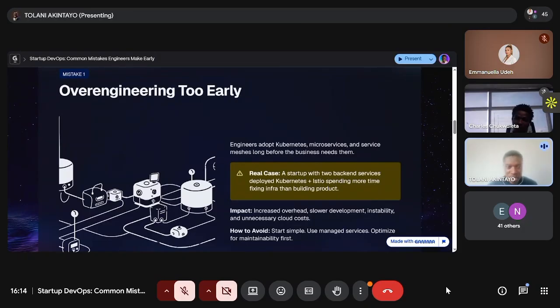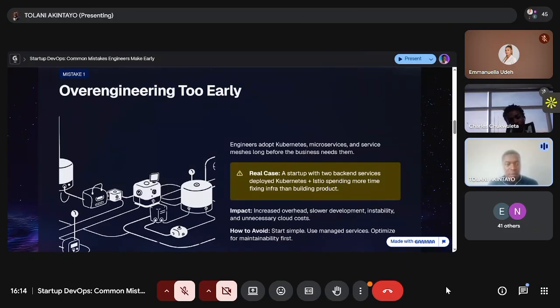They are important, but you must be able to understand where exactly they fit, where exactly they will be useful. Most of these technologies are the best fit for organizations that are growing, that are large, not startup environments.